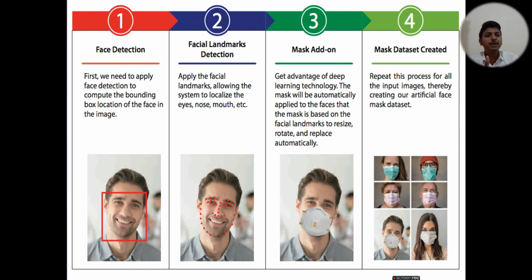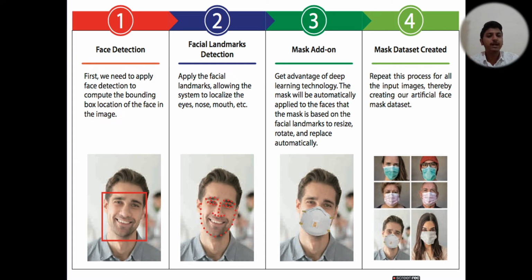This feature is similar to Snapchat, where photos of things like dogs and cats are edited onto your face as you click a selfie. Here it is not the dog and cat pictures; the mask is added to your face picture.